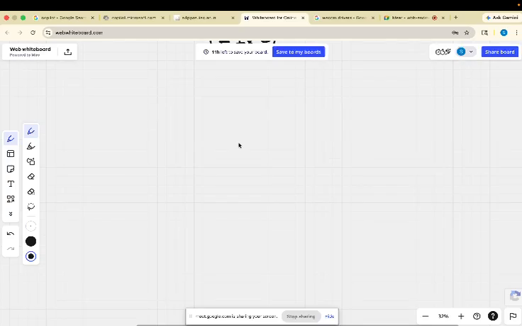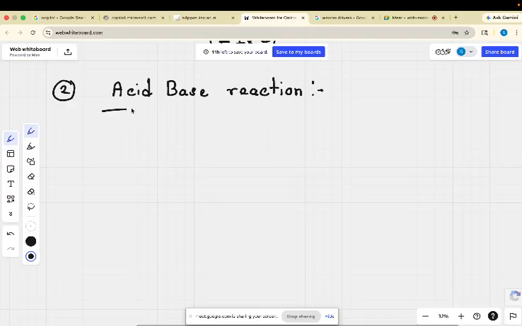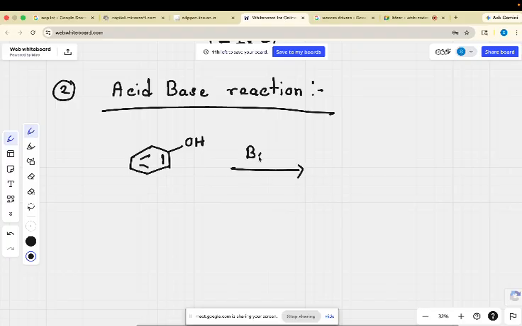Okay, write down number 2, acid base reaction. So suppose you have phenol here, and here I am giving butyl lithium.